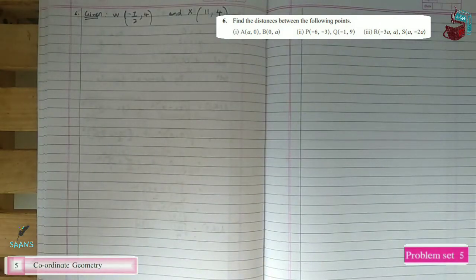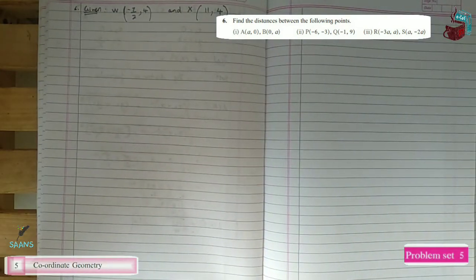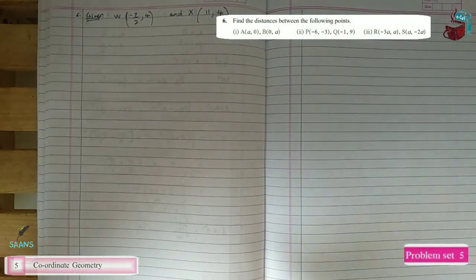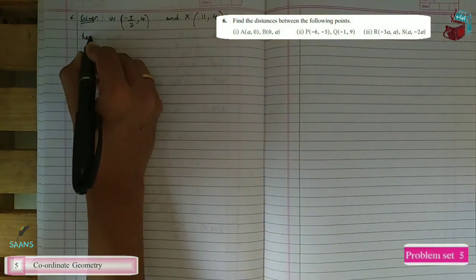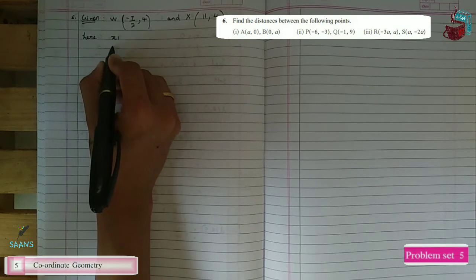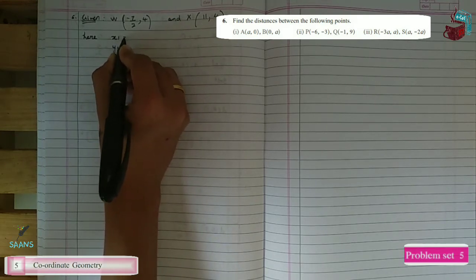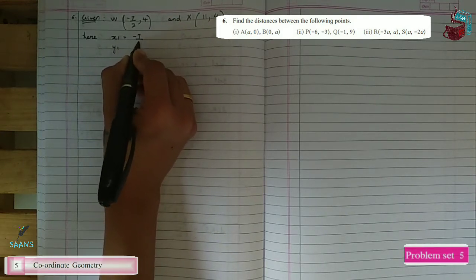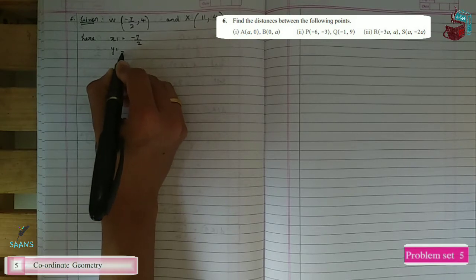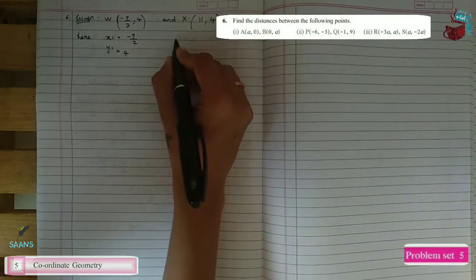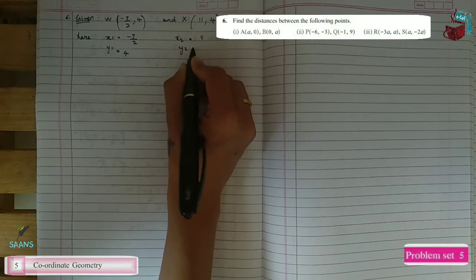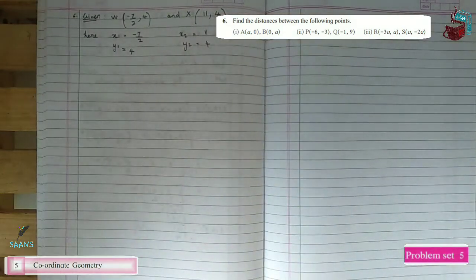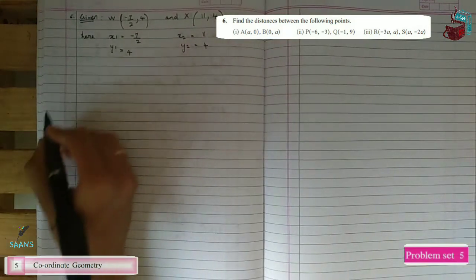Okay, do not get scared, please always attempt the sum. Okay, so here x1, y1: x1 is minus 7 upon 2 and y1 is equal to 4, x2 is equal to 11, y2 is equal to 4. Okay, so let's do the sum.